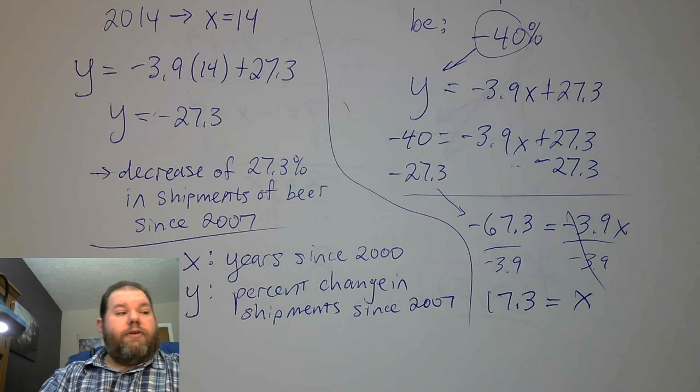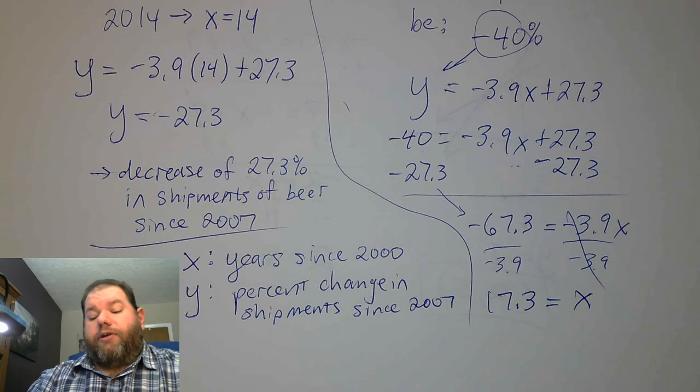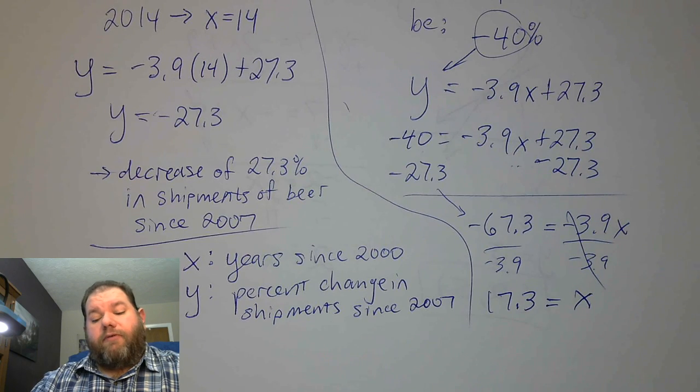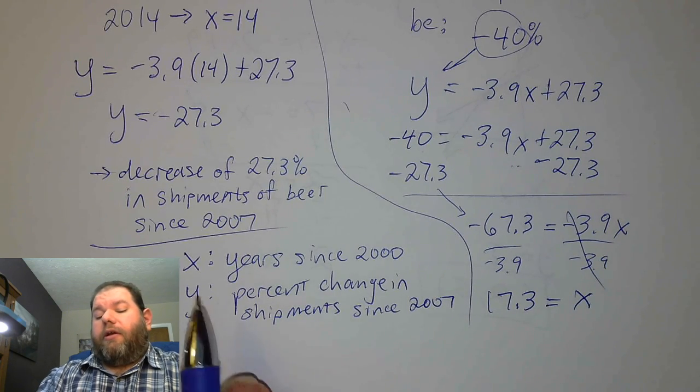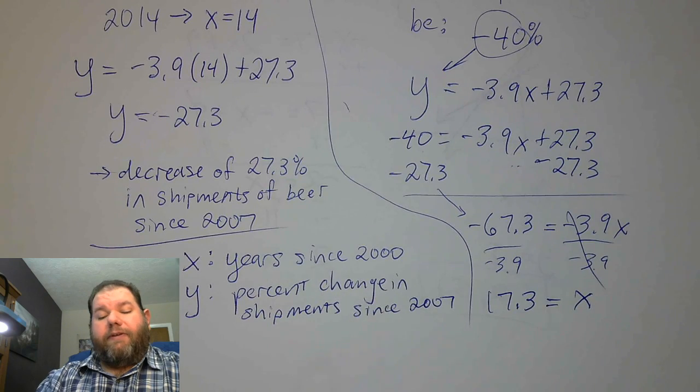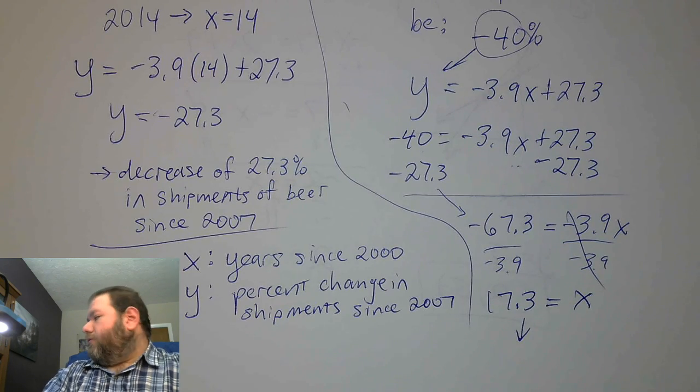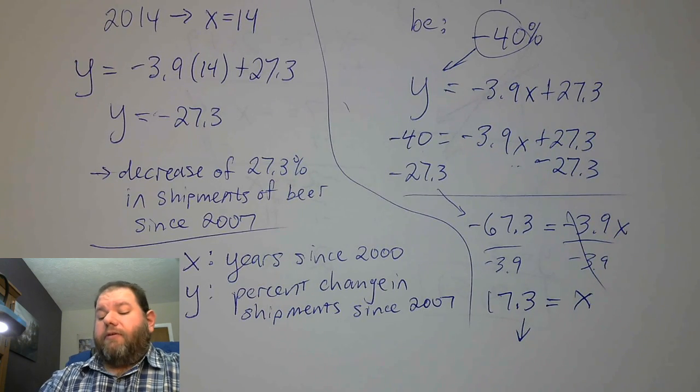And so the question is, in what year will shipments decrease by 40% from the year 2007? So if x is 17.3 and x is the number of years since the year 2000, what year does this correspond to? 2017. Yeah.